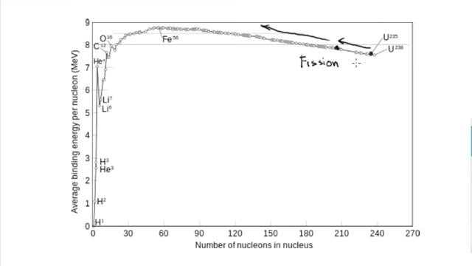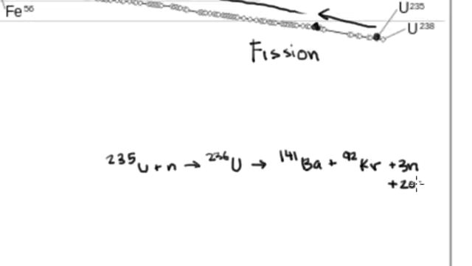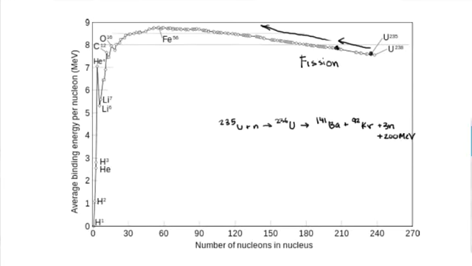So fission is moving up along the curve of binding energy. An example of that will be the decay of uranium. You start with uranium-235 plus a neutron going to uranium-236. That's the activation. And then that radioactive uranium actually decays to barium-141, krypton-92, plus 3 neutrons, and some energy is released. Okay, so that was fission.